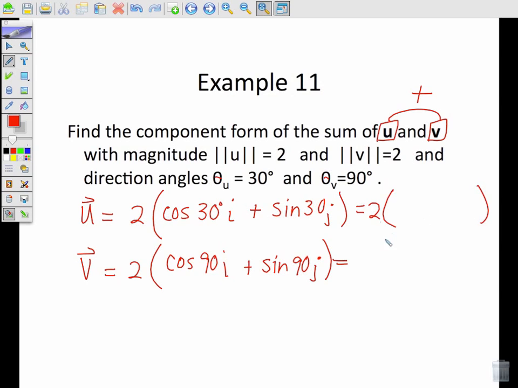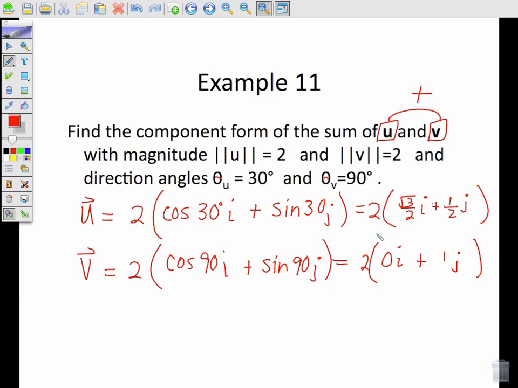You've got 2 times cosine of 30 degrees, which is root 3 over 2, i plus sine of 30, which is 1/2 j, and then it's 2 times cosine of 90 is 0i plus sine would be 1j.